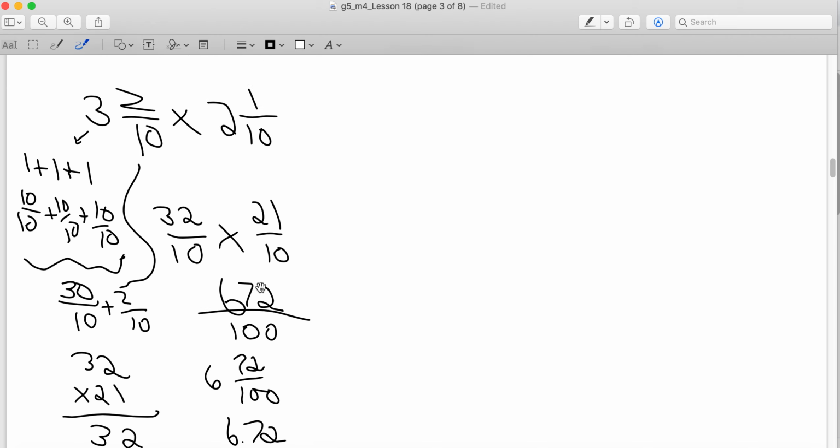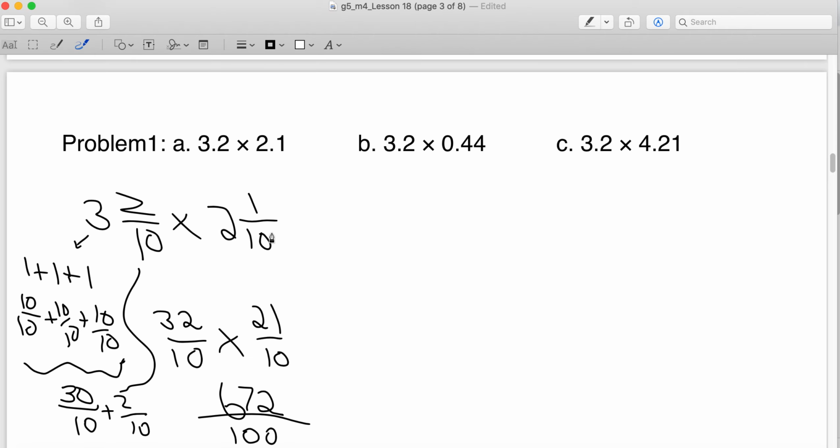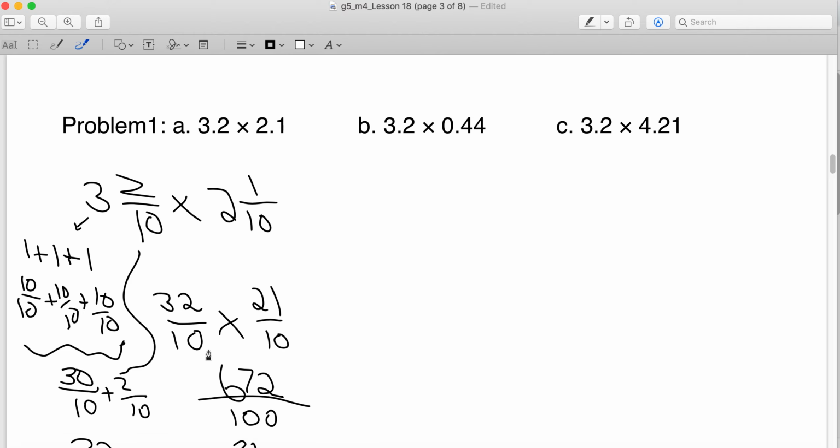So now let's go back and let's write this in unit form. So what is 3 and 2/10? We decided that that was 32/10. And so right here, I'm going to write 32, and I'm going to write the word tenths. It's going to be a little tricky for me. 32 tenths, okay?